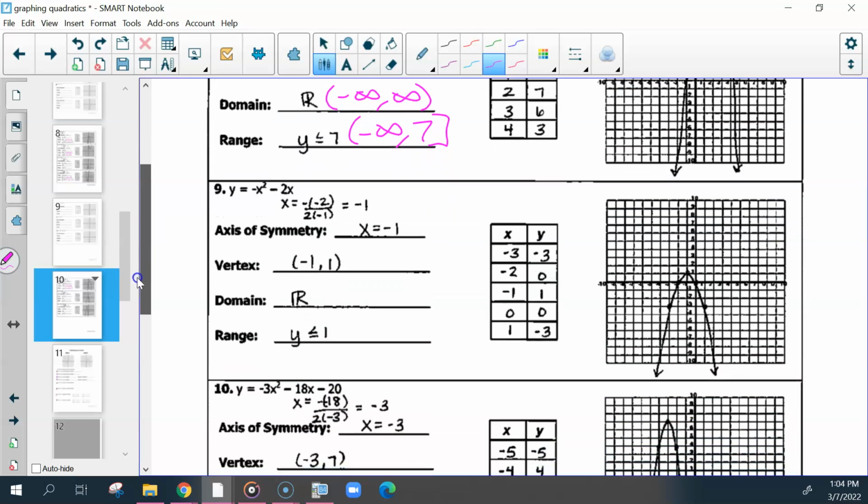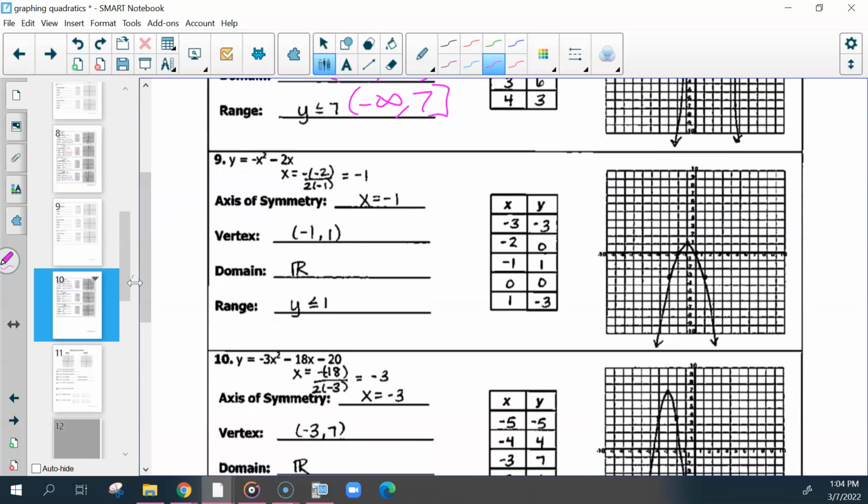For 9, axis of symmetry is x equals -1. Vertex is (-1, 1). Domain is the same. And your range starts at negative infinity and goes to positive 1.